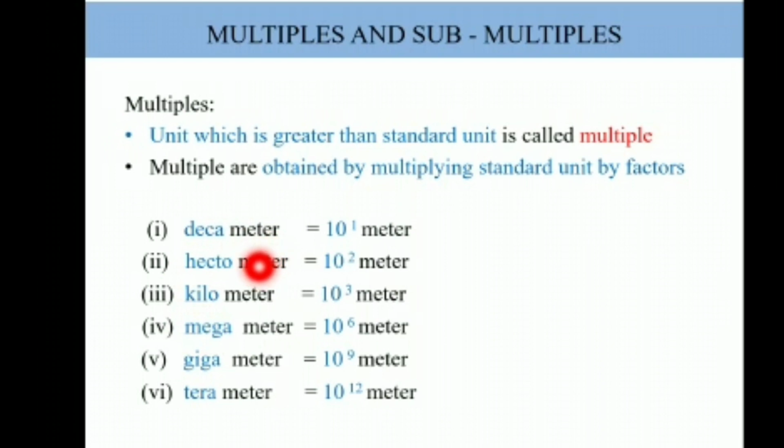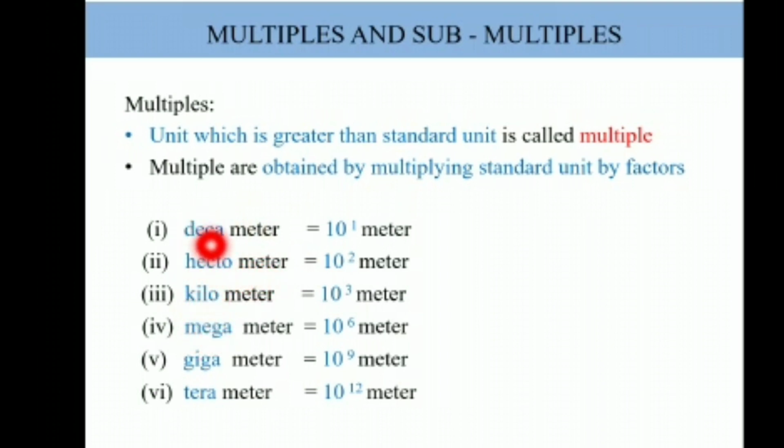If something comes after meter, we call it a suffix. Prefix means pehle, suffix means baad mein, because the names of these factors are used before meter, meter से पहले, therefore we call them prefixes.